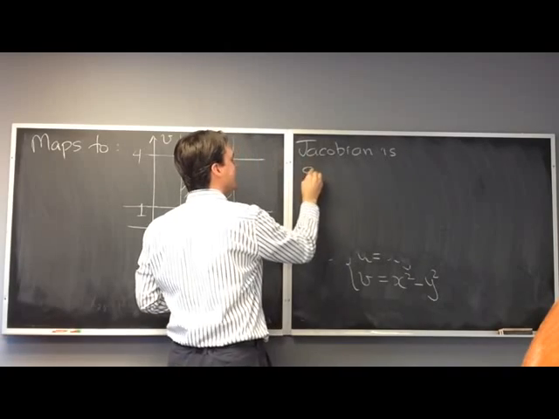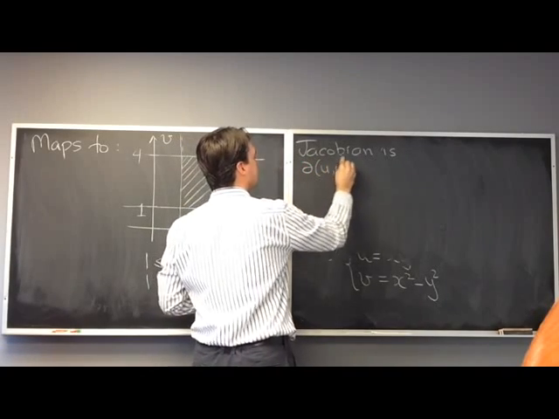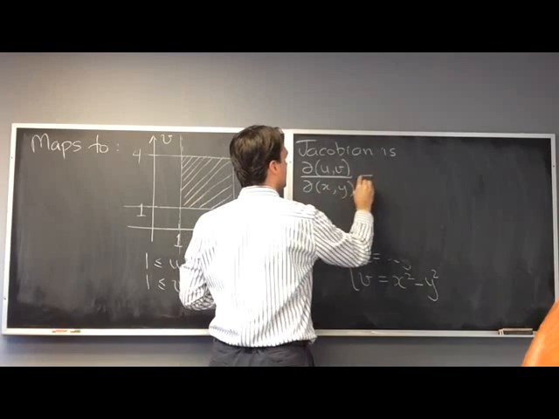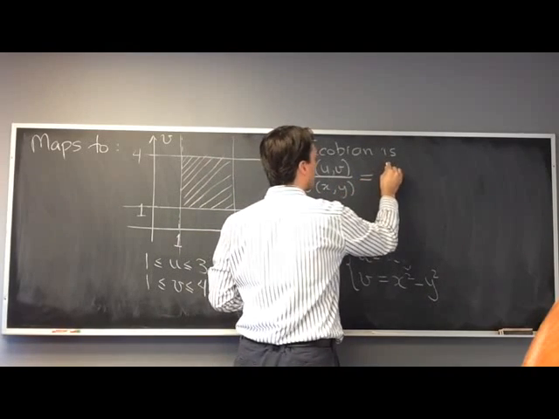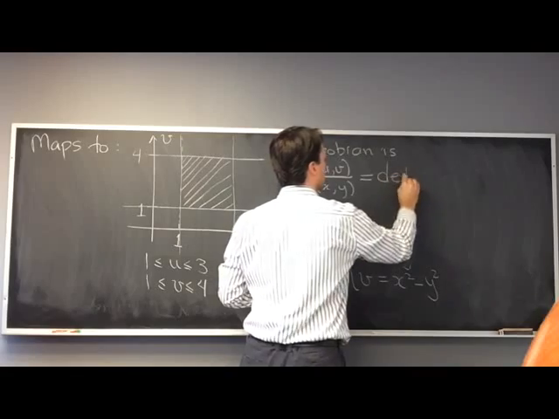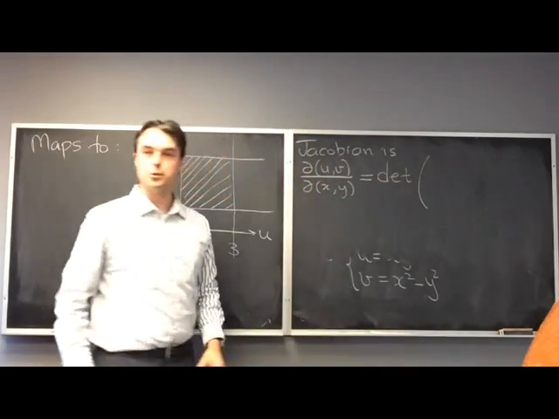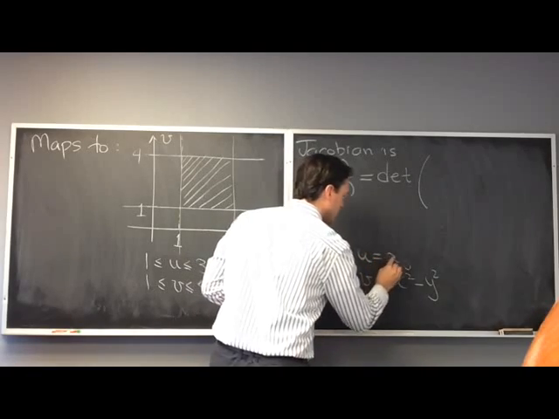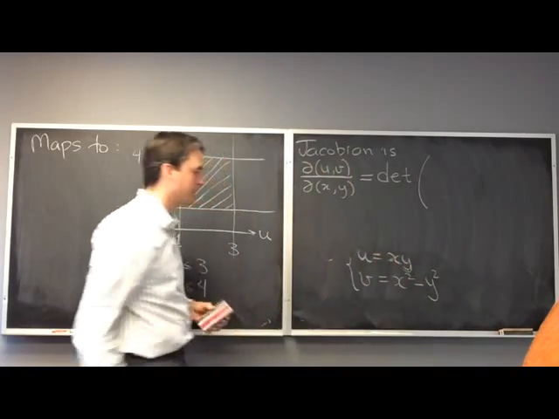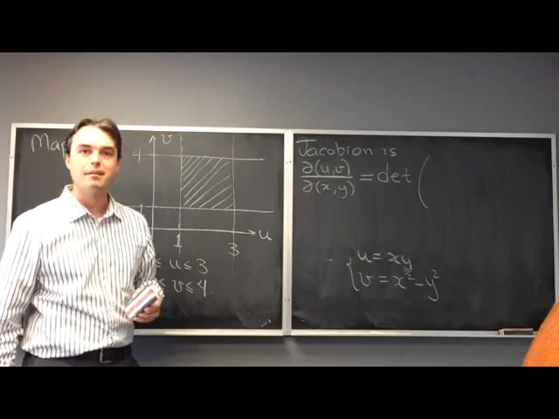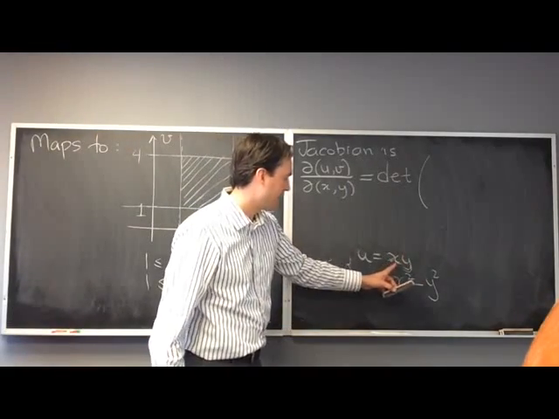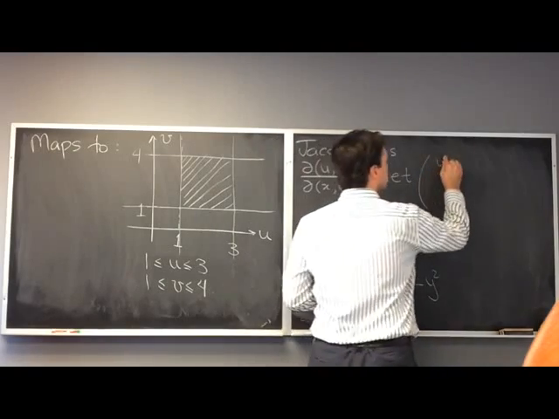Okay, so for now, let's calculate ∂(u,v)/∂(x,y). That'll be the determinant of the derivative matrix of this mapping. So remember the mapping here was u equals xy and v equals x squared minus y squared, right? For the first function, the partial derivatives would be y and x respectively.